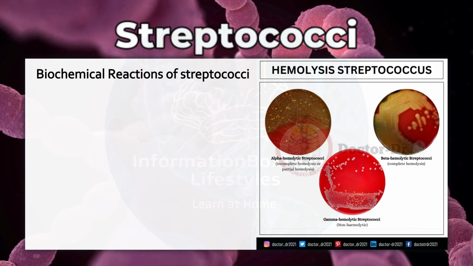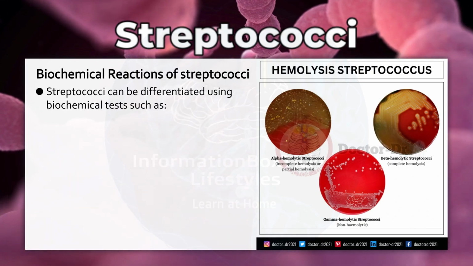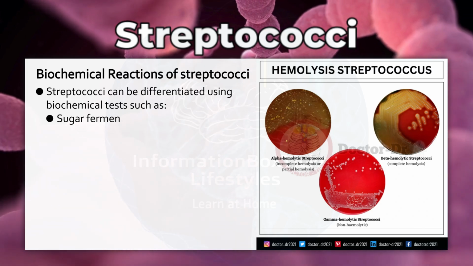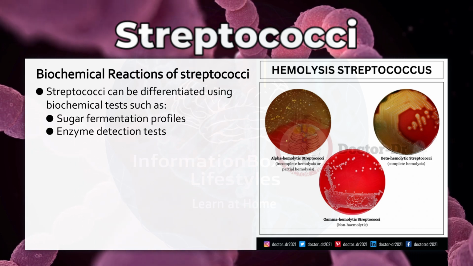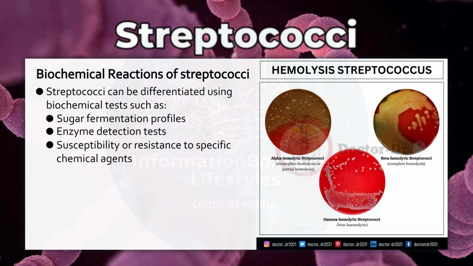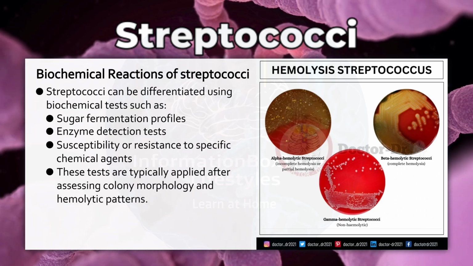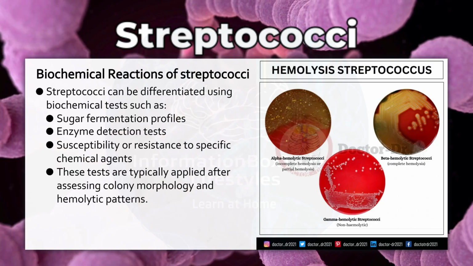Biochemical reactions of Streptococci: Streptococci can be differentiated using biochemical tests such as sugar fermentation profiles, enzyme detection tests, and susceptibility or resistance to specific chemical agents. These tests are typically applied after assessing colony morphology and hemolytic patterns.